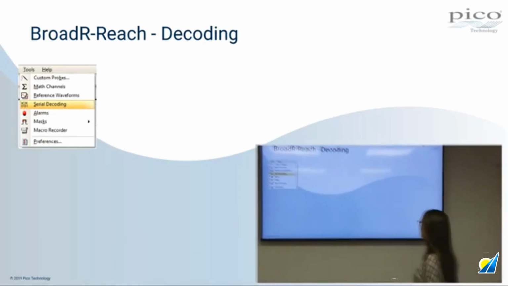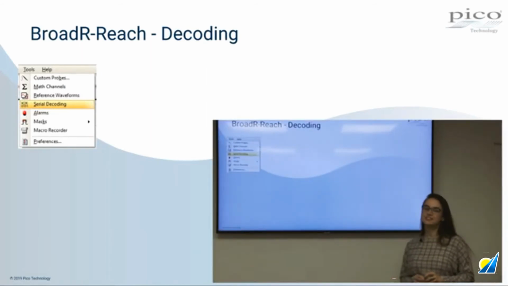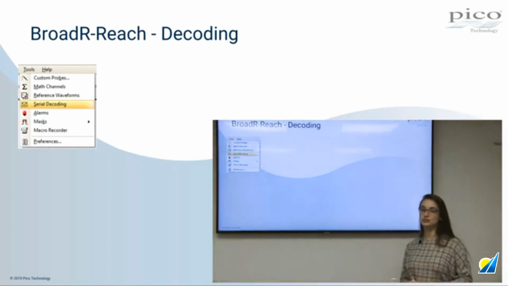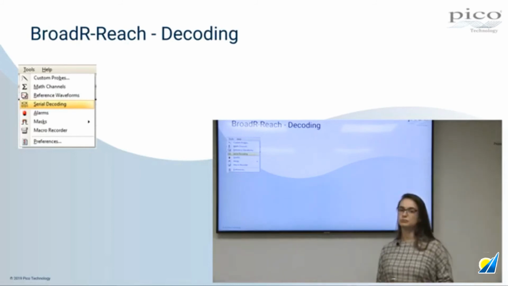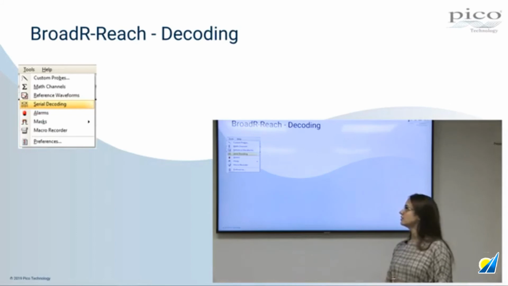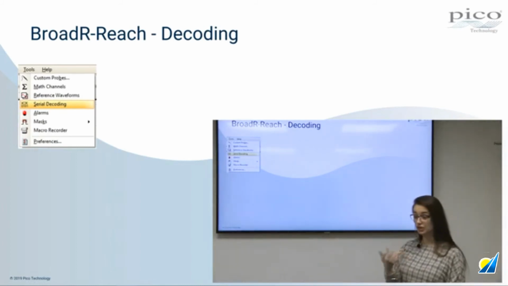Thank you, Anton. So as Anton said, we also provided the decoder for you, the BroadR-Reach decoder. If you haven't used any of our decoders from our decoders palette before, in order to set up a decoder, which is for instance the BroadR-Reach one, you go to Tools from the top ribbon and you select the serial decoding option.